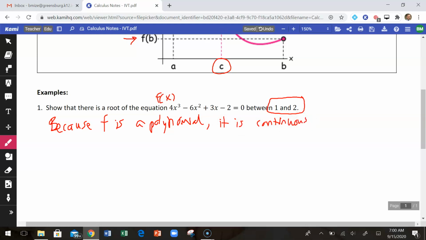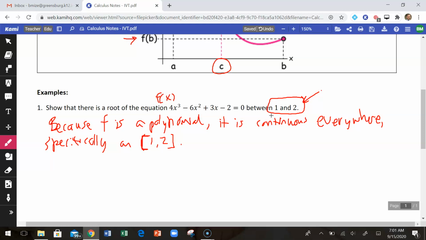It is continuous everywhere because for polynomials, the domain is all real numbers. And then I'm going to say specifically on the closed interval, so continuous on the closed interval from 1 to 2. Okay, because that's the interval that we're actually concerned about. So because f is a polynomial, it is continuous everywhere, specifically on the closed interval from 1 to 2.